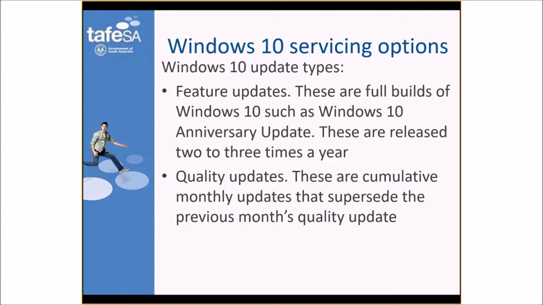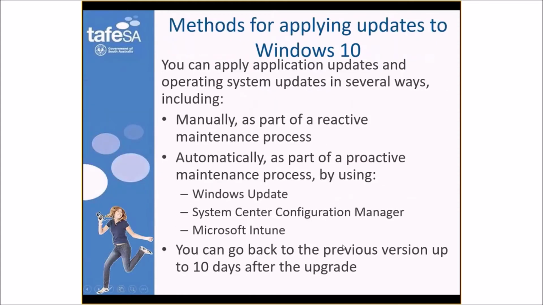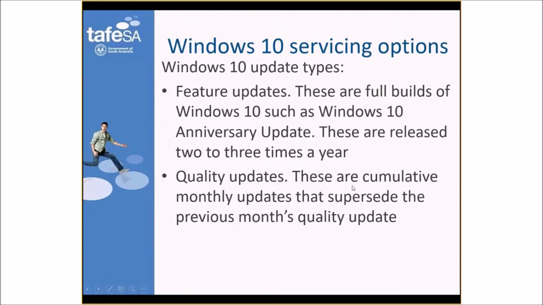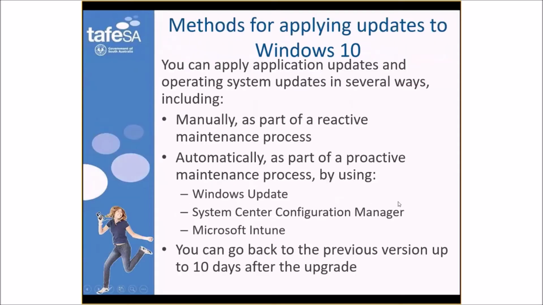The problems occur on Monday morning, so they try to not put updates on Monday. So they're often being updated, and they're not as big as the feature update, but these are updates that have been cumulative over the last month.